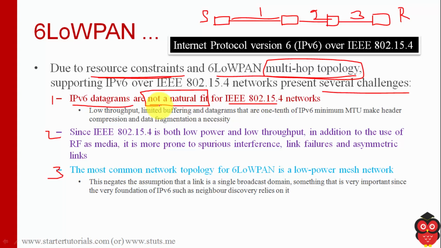Why are they not a natural fit? Because of low throughput and limited buffering, as well as the IPv6 datagrams being much larger than the MTU.